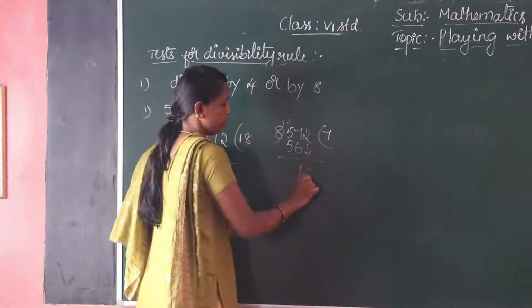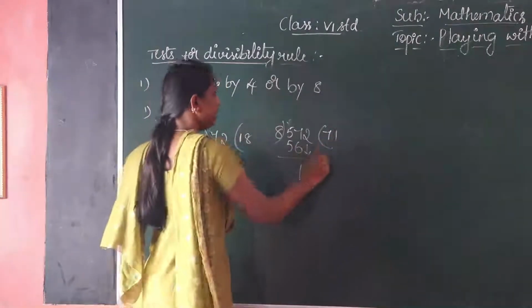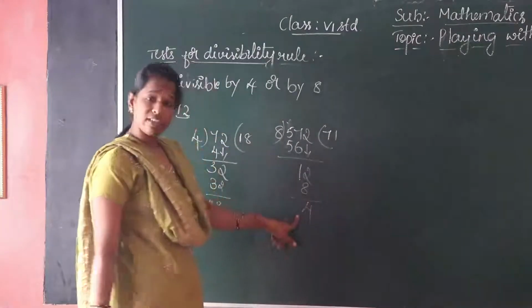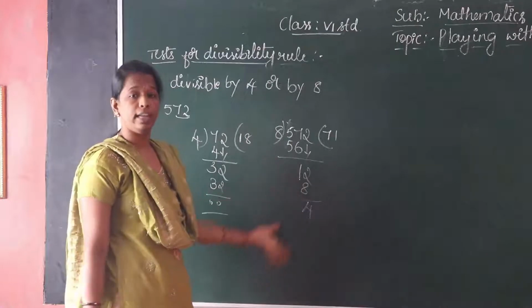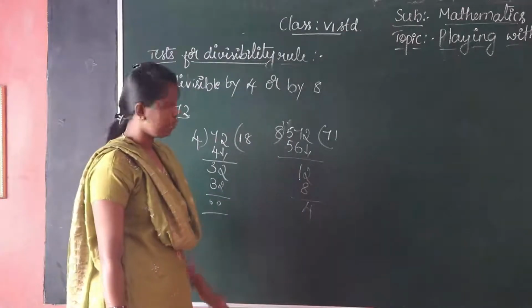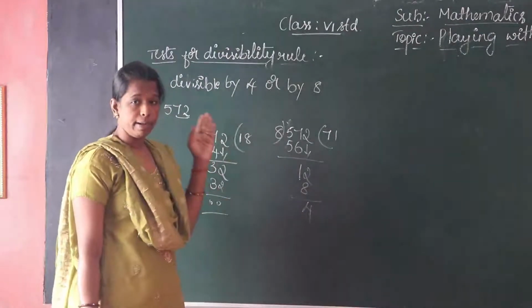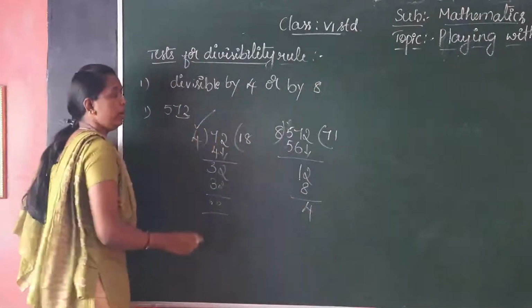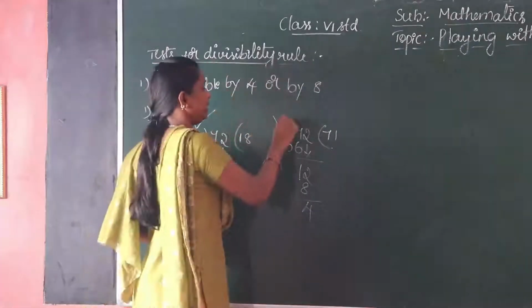Remainder 1. Take 2 down. 8 ones are 8. Remainder becomes 4. When the remainder is not 0, it is not divisible by 8. So this 572 is divisible by 4, but not divisible by 8.